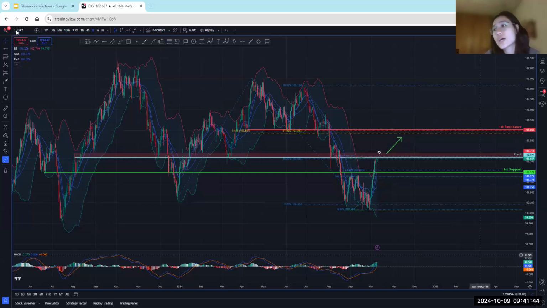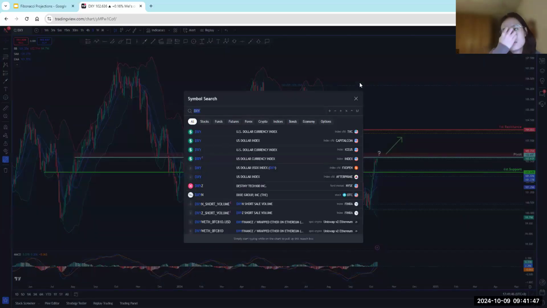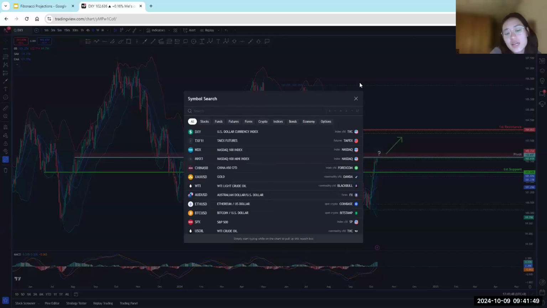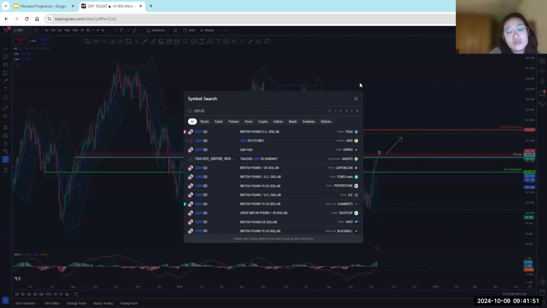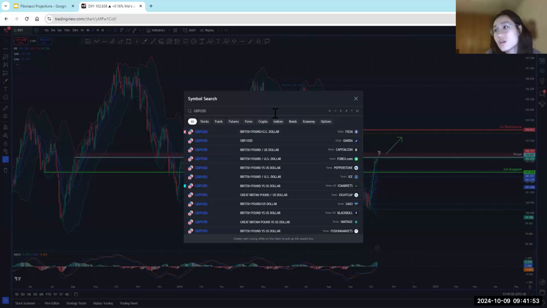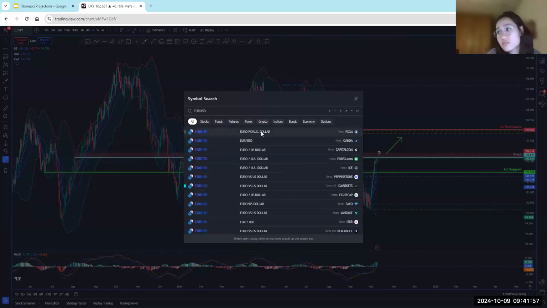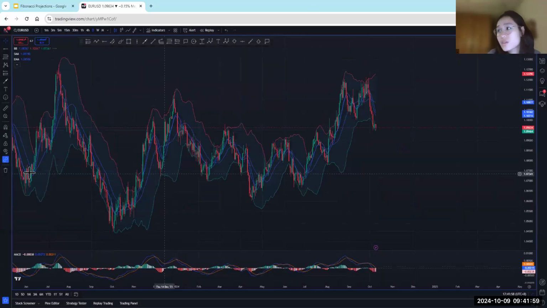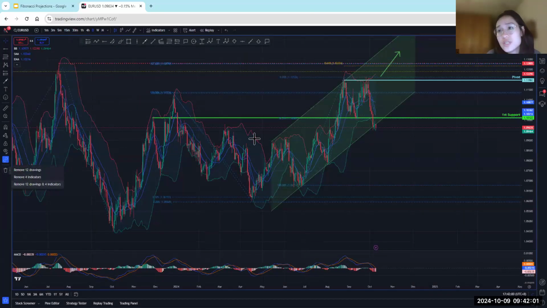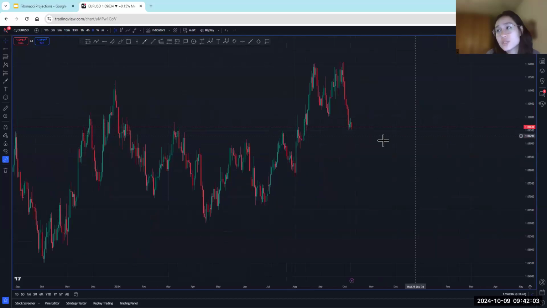Maybe now we'll look at a major currency pair like maybe pound or maybe euro actually. Euro tends to be inversely correlated to DXY. So previously we just saw DXY, we are expecting it to continue moving upwards.